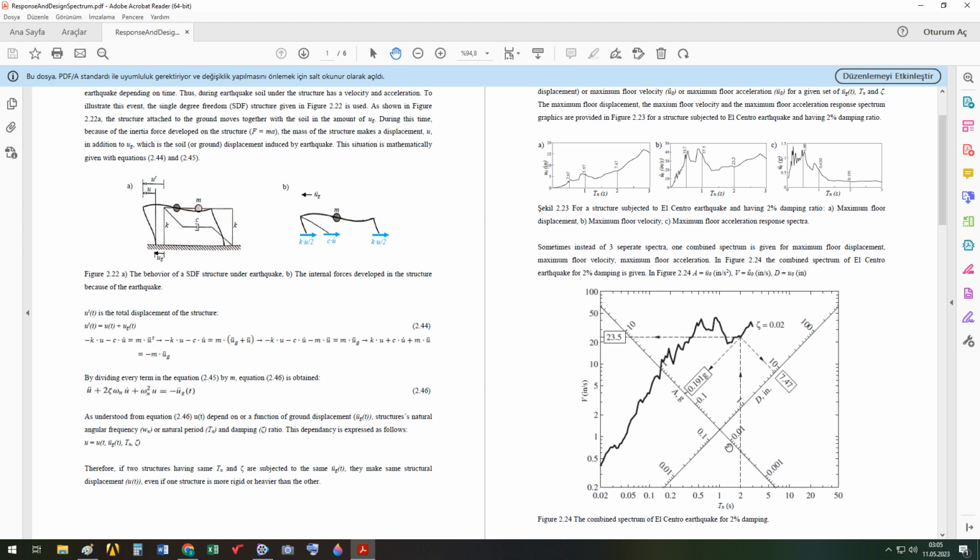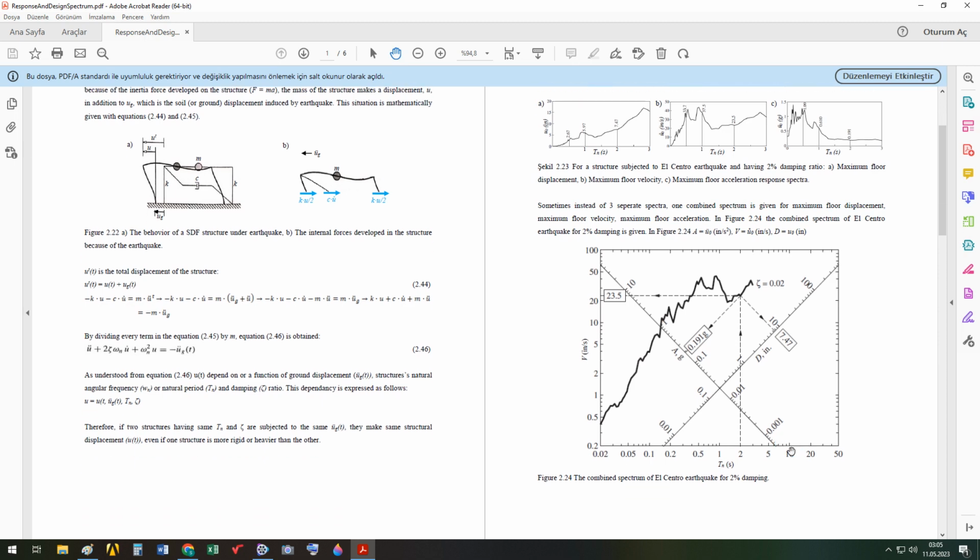For example, here, if a single degree of freedom structure has a 2% damping ratio, meaning 2 divided by 100, and a natural vibration period of 2 seconds, I come from 2 seconds, draw a perpendicular line from here and reach the curve.